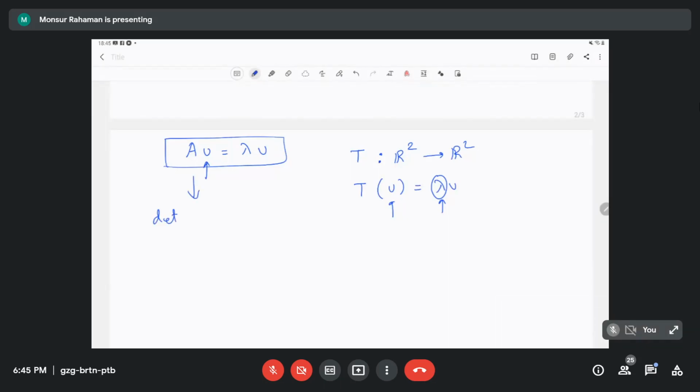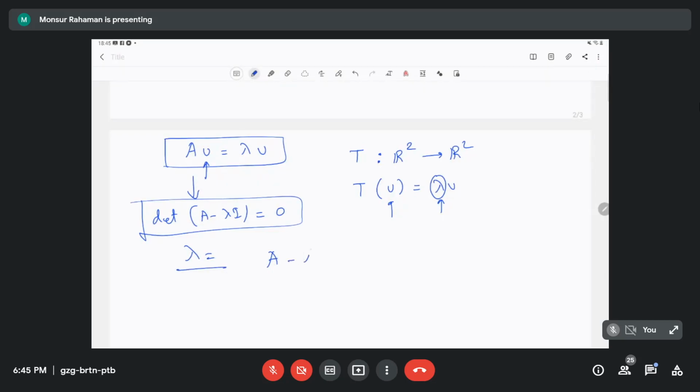In the matrix, first you find the equation det(A - λI) = 0 and solve this equation to find all eigenvalues, and then put that value, particular value, suppose 3, in (A - 3I)v = 0, and find the eigenvector. So this is the same. Okay. Here you have to find the eigenvalue and eigenvector.